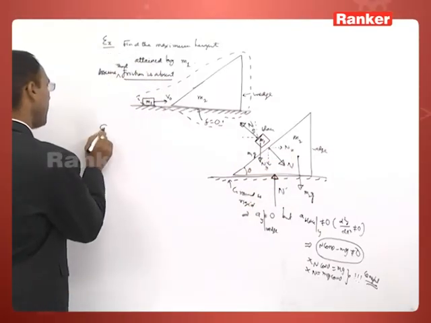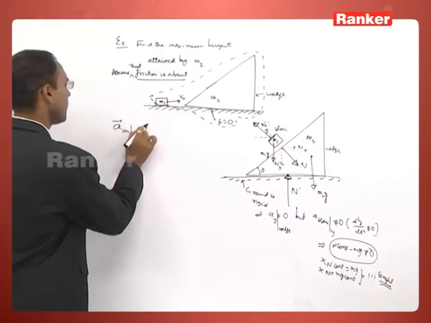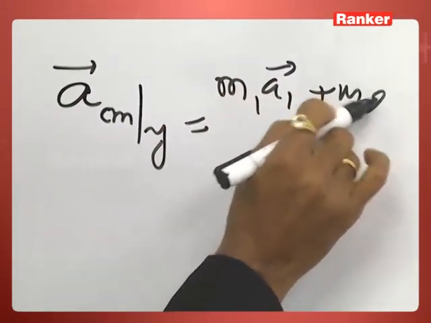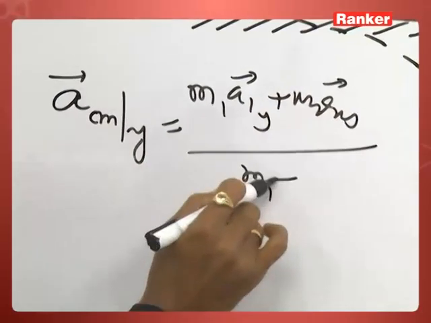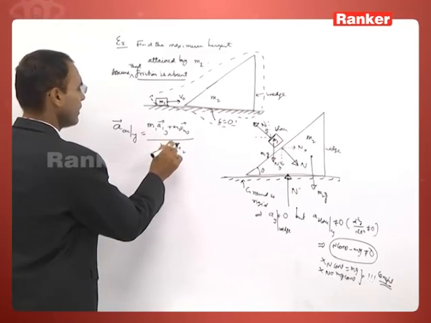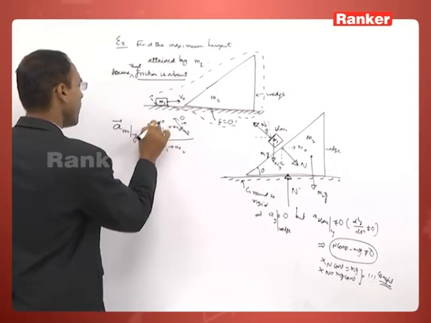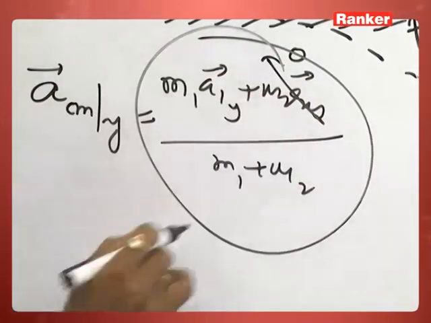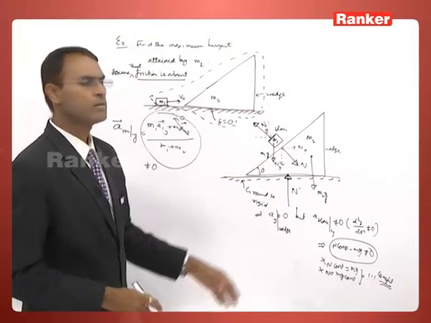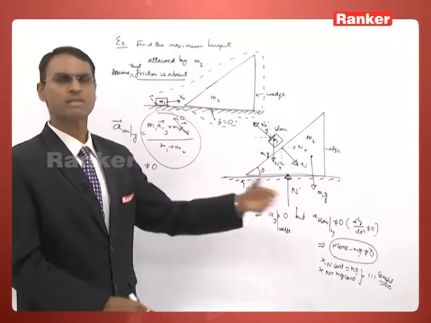Therefore, acceleration of the center of mass along vertical direction is equal to (m1a1y plus m2a2y) by (m1 plus m2). When a2y is 0 and a1y is not 0, we should expect that the center of mass must accelerate along vertical direction. Whether it will accelerate down or up, that is the next question.